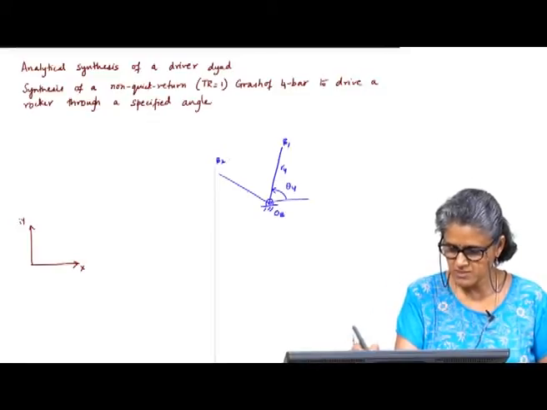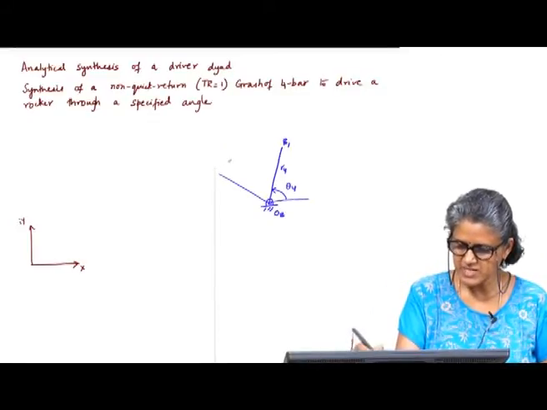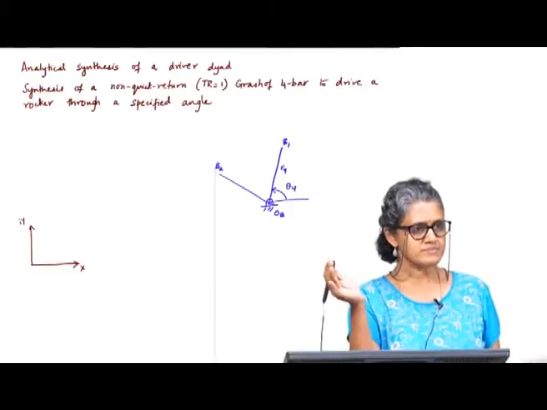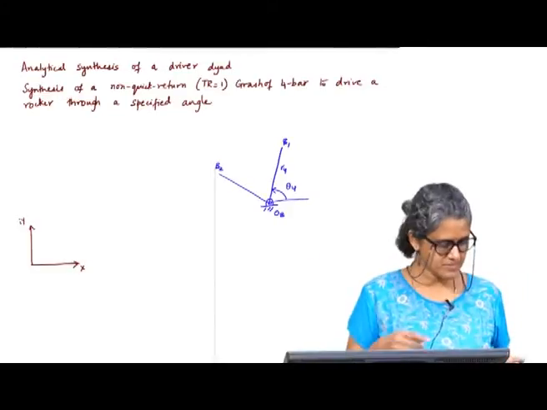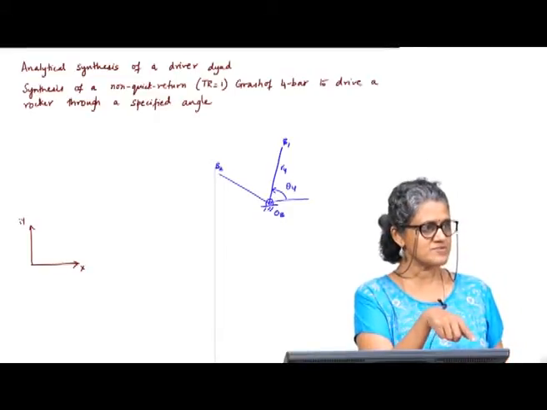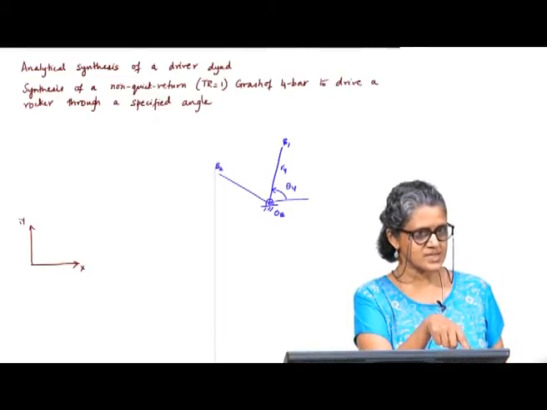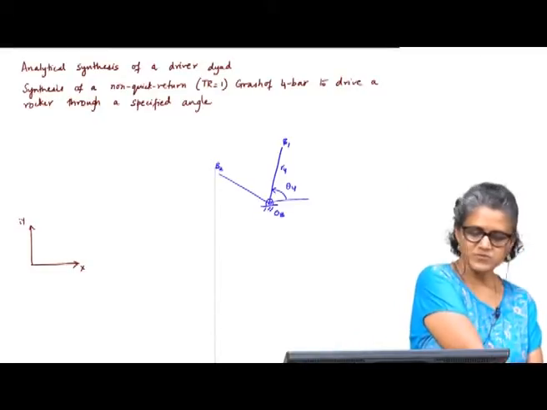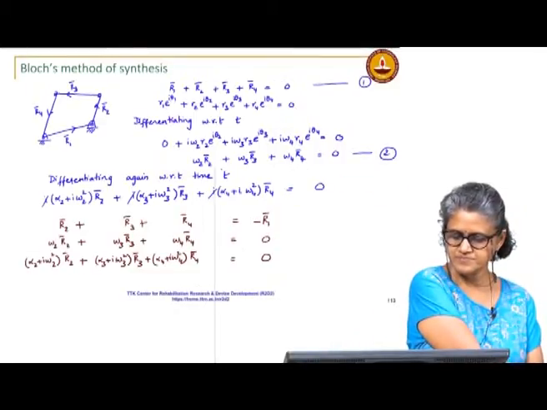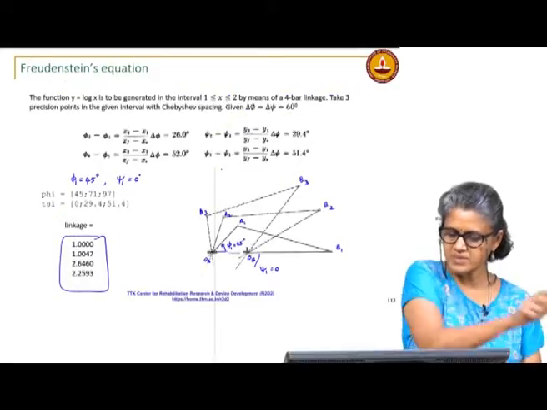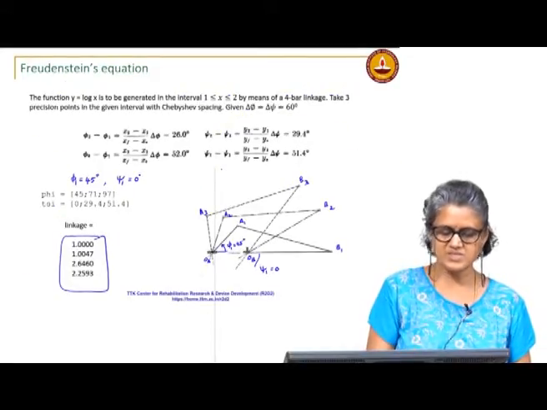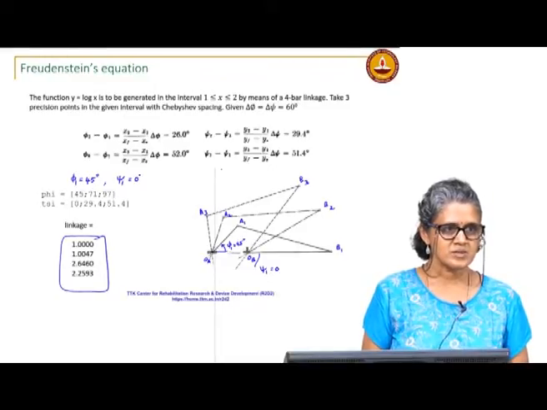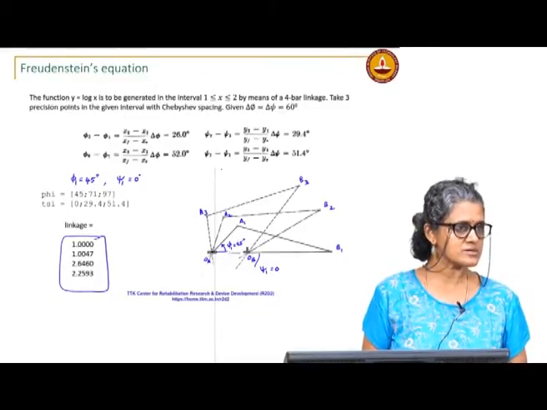This B1, this link may actually be the input to another 4 bar, like the double rocker that you did for the function generation in the last example. Okay. The one with the Freudenstein example, this one, this is a Grashof double rocker, but it is not a crank rocker.